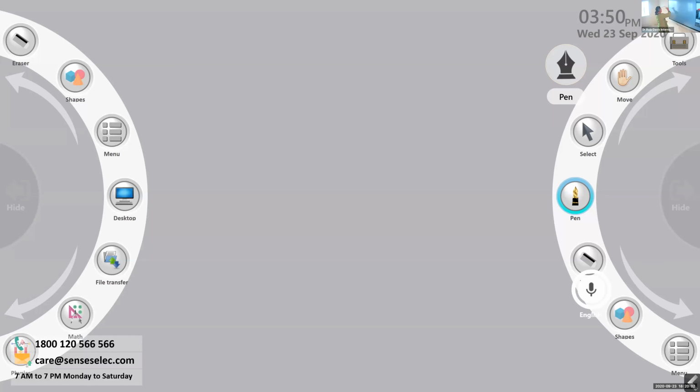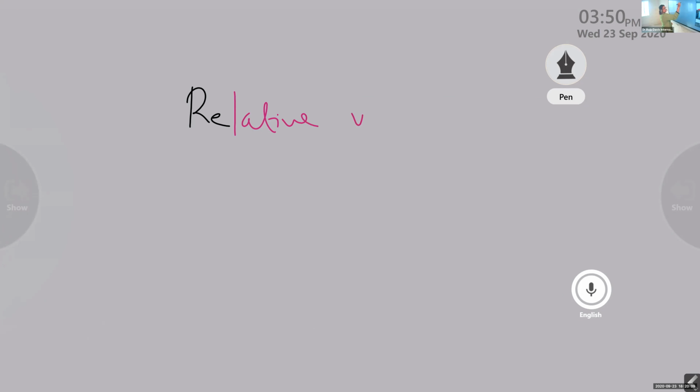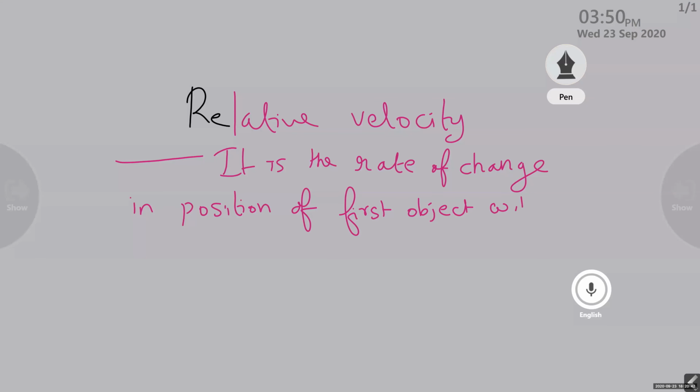So, relative velocity definition. It is the rate of change in position of the first object with respect to the second object, or vice versa.